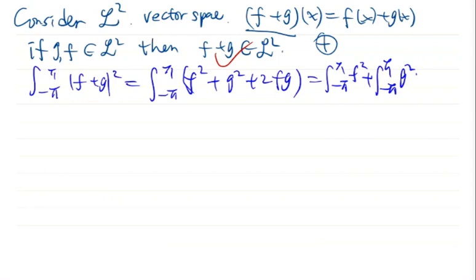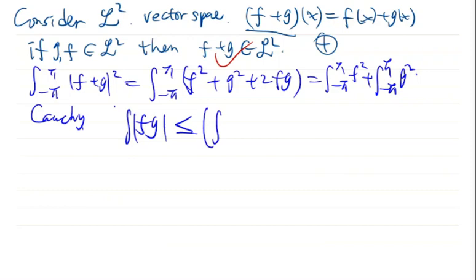Because this is finite, we have the Cauchy-Schwarz inequality. The absolute value of the integral of fg will not be greater than the square root of the integral of f squared times the integral of g squared.